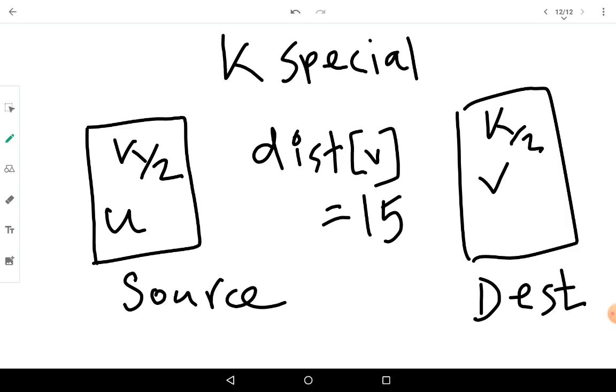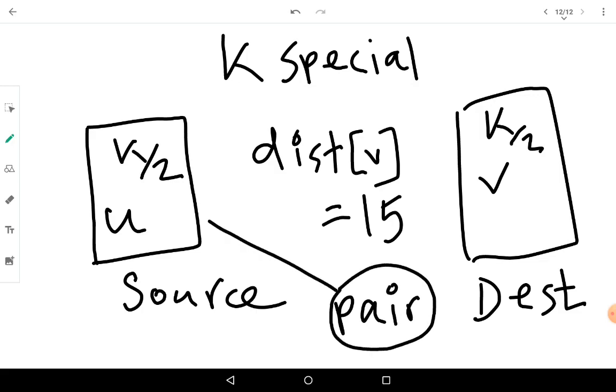What this means is that for all possible pairs of nodes where one node of the pair is coming from the source set and the other node is coming from the destination set, none of the pairs has a shorter distance than 15.